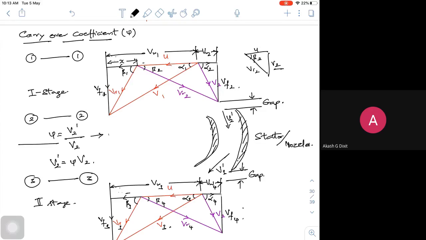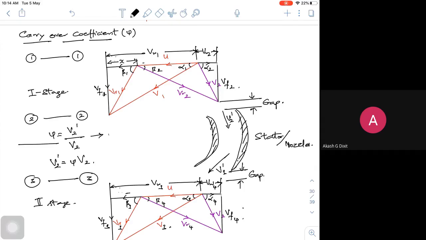And similarly, if I consider the other velocity triangle, that is V1, VR1 and alpha 1, I can write it in that particular form also. VR1 square is equal to V1 square plus U square minus 2 into V1 into cos alpha 1.